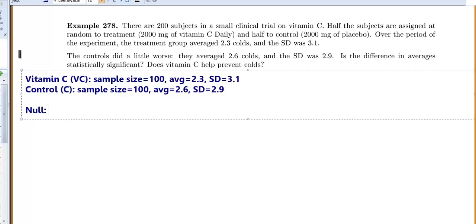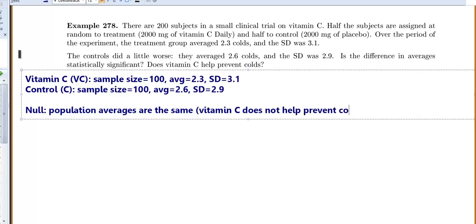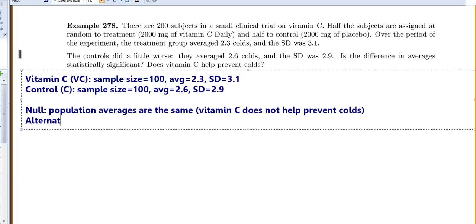Now for my null hypothesis, it would be that the population averages are the same. Or in other words, vitamin C doesn't help prevent colds. And the alternative, we want to see if vitamin C helps prevent colds, then they should have fewer colds.